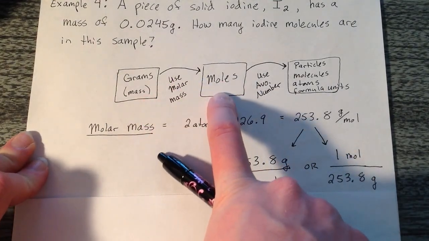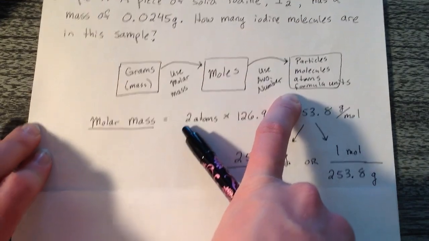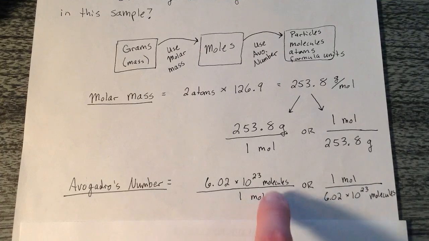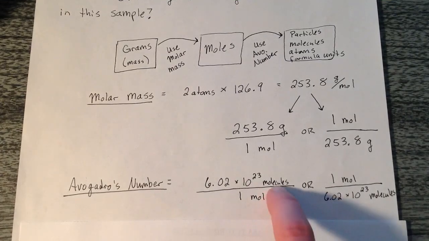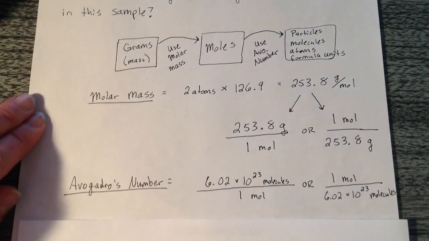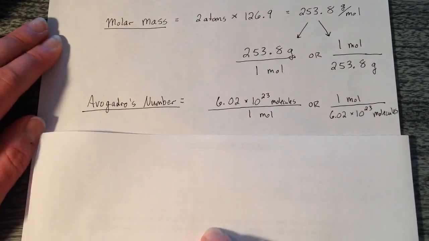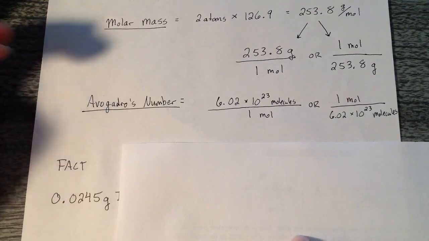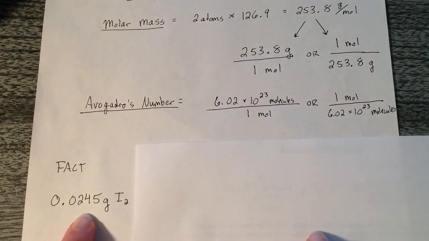The other conversion factor I need is Avogadro's number, so I went ahead and wrote those out. I am using the unit of molecules, so these are the 2 conversion factors that I have for Avogadro's number. For the actual calculation process, the fact was 0.0245 grams of I2.